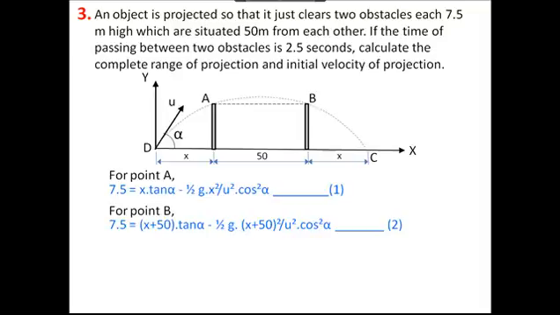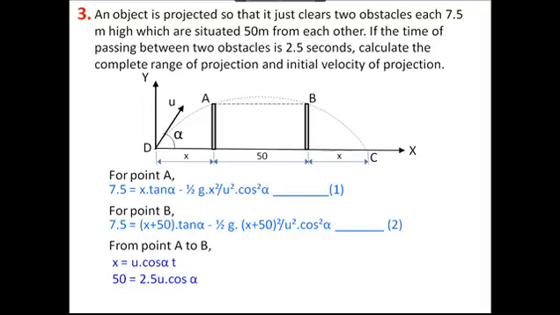Now we have one more equation. If you agree that the horizontal velocity of the projectile, which is u cos alpha, never changes its value, then any distance x will be u cos alpha t. Now they are saying that this 50 distance between A and B is covered in 2.5 seconds.